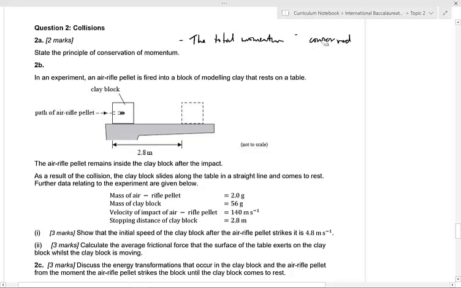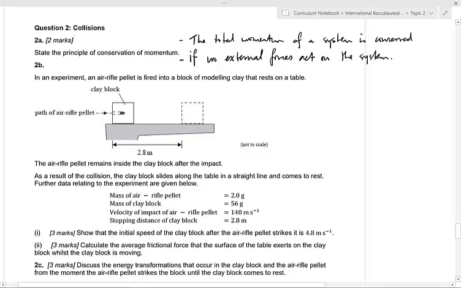Maybe we'll say total momentum of a system is conserved. And then the second point, marking point here, is going to be that if no external forces act on the system.